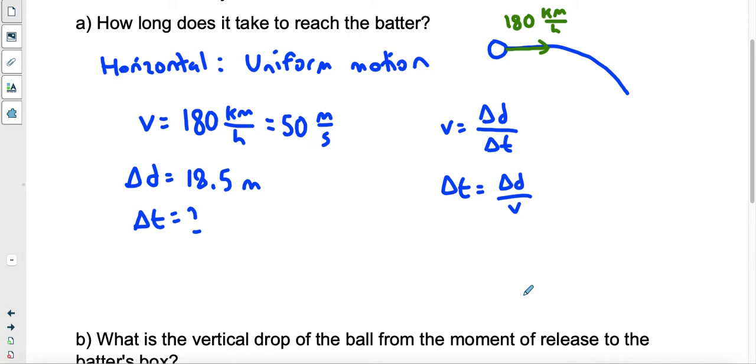We already know the distance, we already know the speed, so we can just plug that in. And when you do that, you get 0.37 seconds. So it takes the baseball 0.37 seconds to reach the batter.